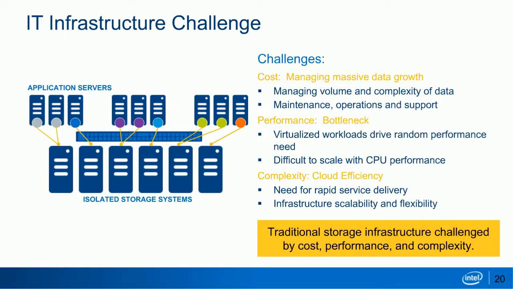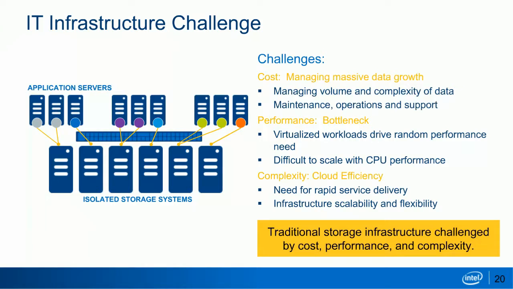And then you have the performance bottleneck. Say if you have a traditional SAN network, you end up having your fiber channel switch or your different stacks in the entire data center as being the bottleneck, right?